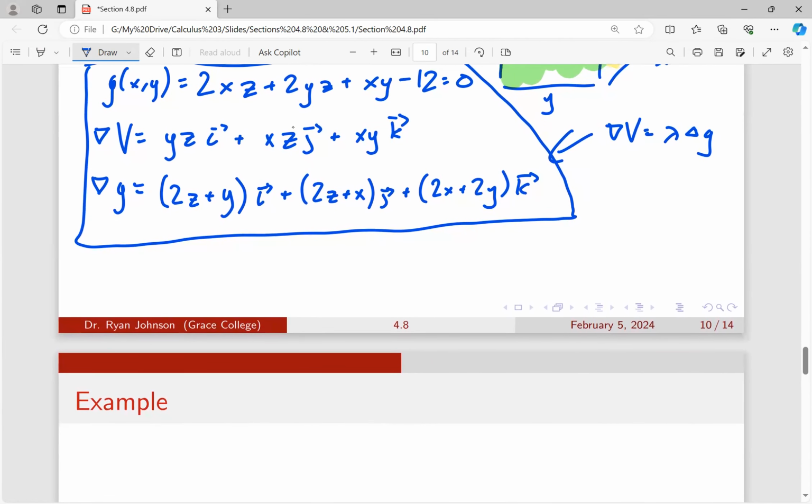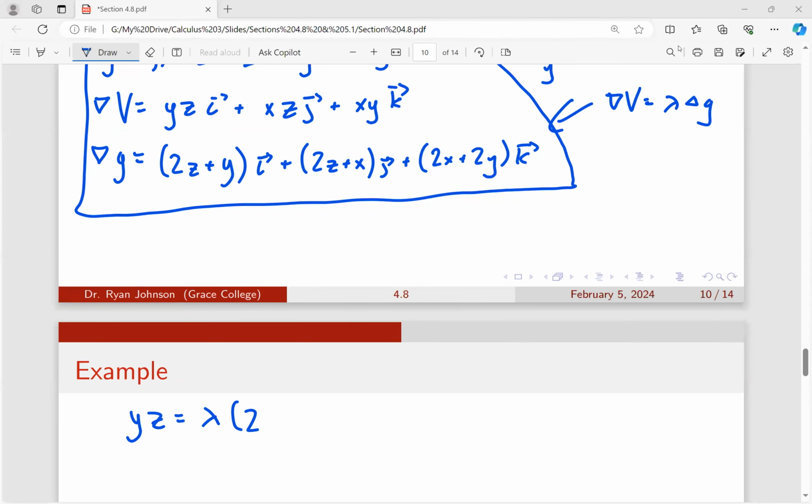So yz equals lambda times (2z plus y), and xz equals lambda times (2z plus x).